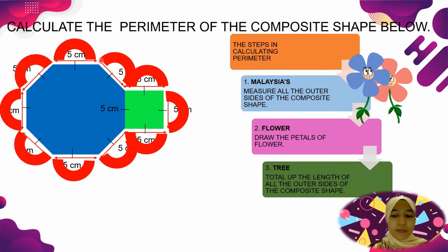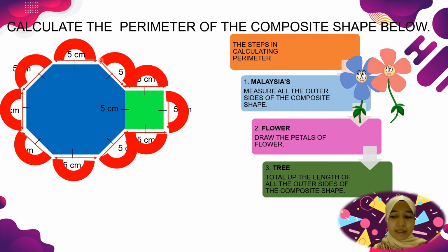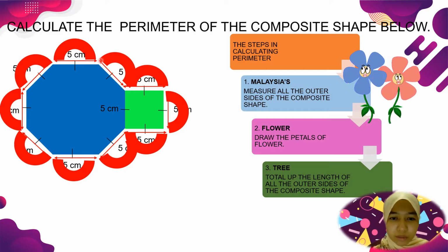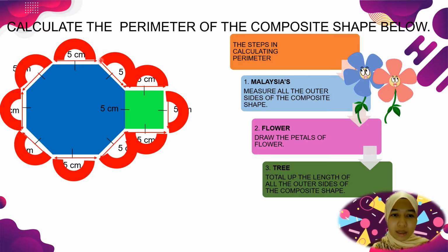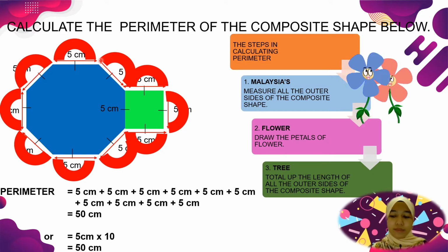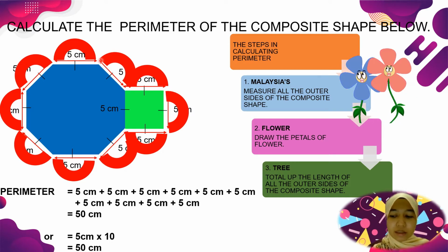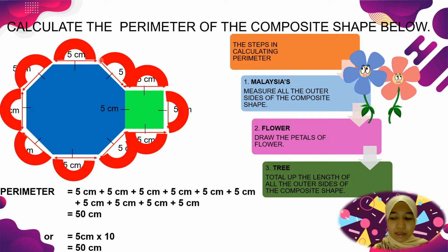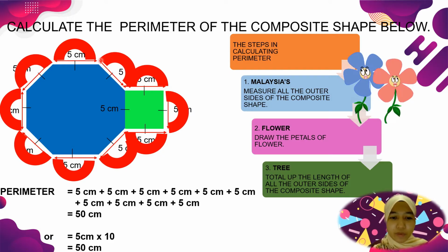So we have 10 petals on all sides of the diagram that we want to measure the perimeter. Okay, last one. We must sum up the total length of the outer side of the composite shape to get the perimeter.